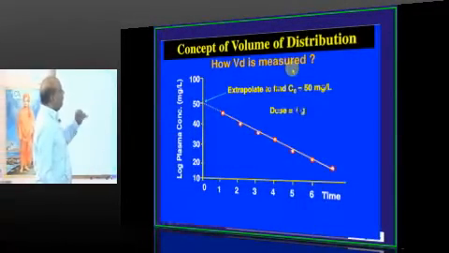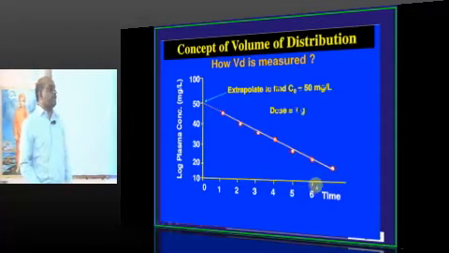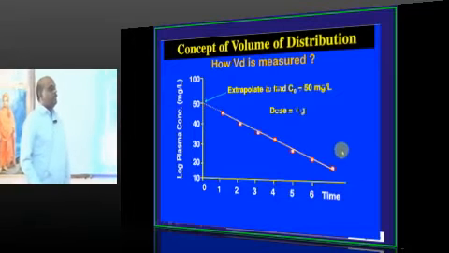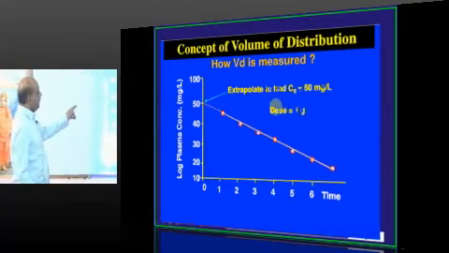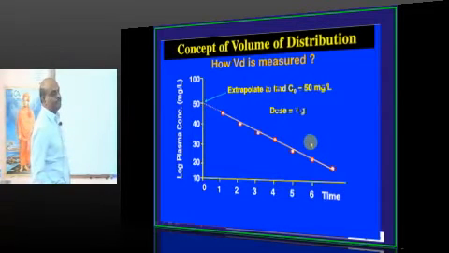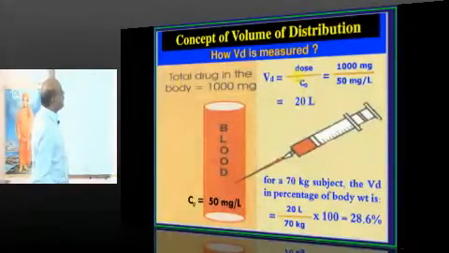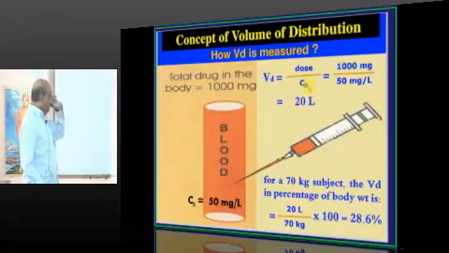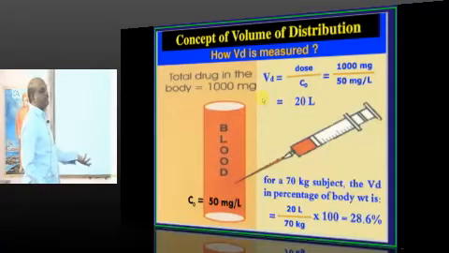So how do you calculate the volume of distribution? We require two things: the dose you have given and the concentration achieved in the plasma. If you know those two things, dose divided by the concentration will give you the volume of distribution.